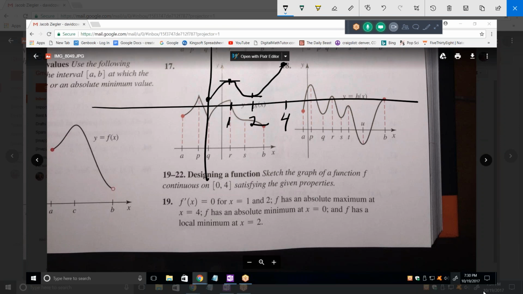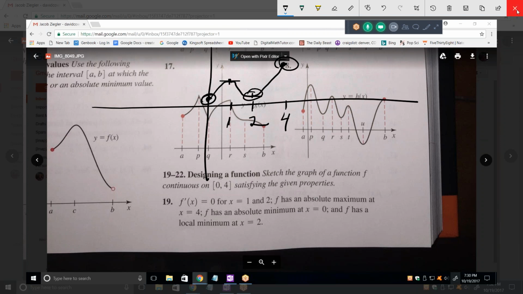But that is lower than that. So at 0, I have an absolute minimum. And at 4, I have an absolute maximum. Okay? Next page, I guess. You understand that?